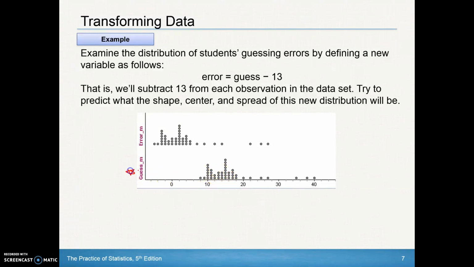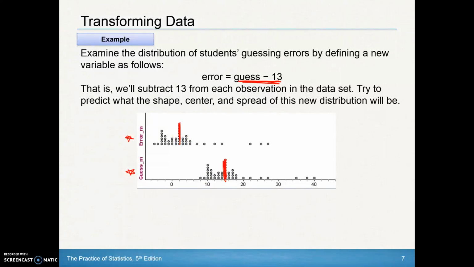And then if I subtract 13 points from each of those guesses, that's what they're calling the error here for whatever this data set happens to deal with. If you look at this, the center may still be right about here. It just got shifted 13 units down to here.